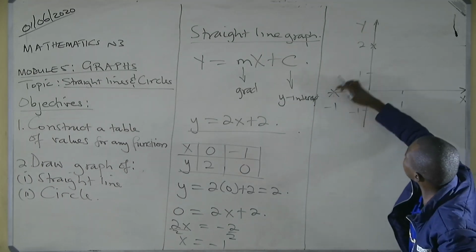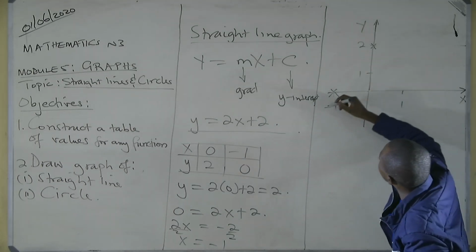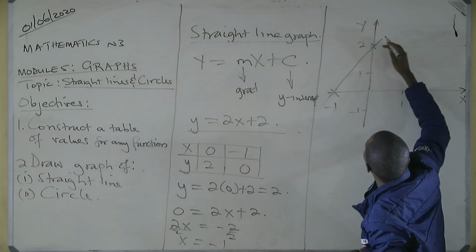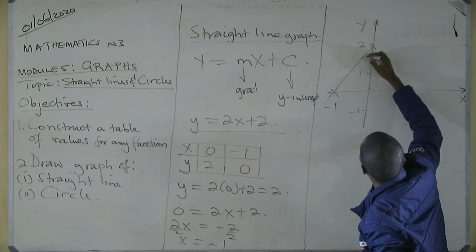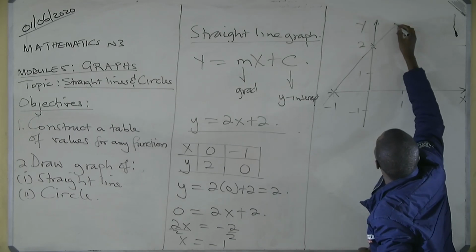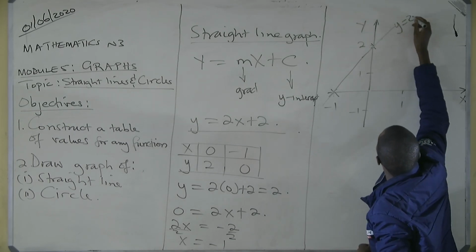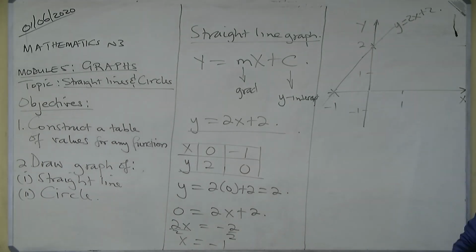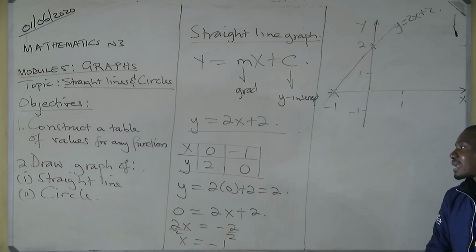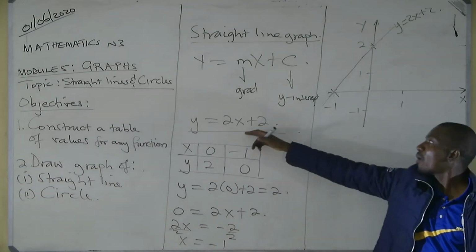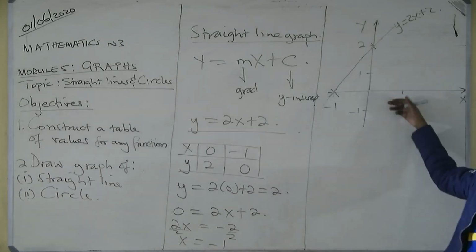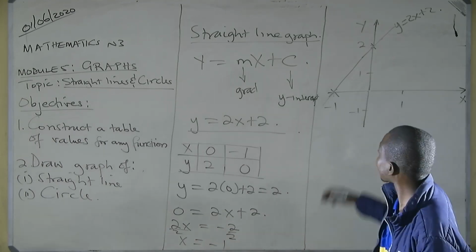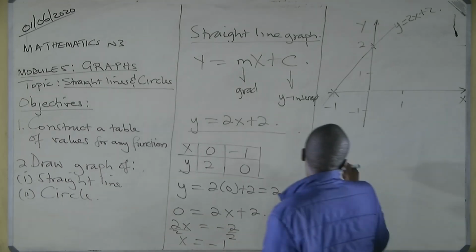Then you put a ruler which connects those 2 points to make sure that you produce a straight line. That graph you label y equals 2x plus 2. What we've just done is draw a straight line graph called y equals 2x plus 2. So that's how we draw straight line graphs.